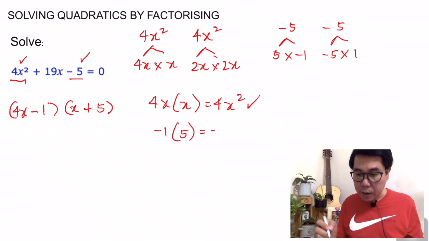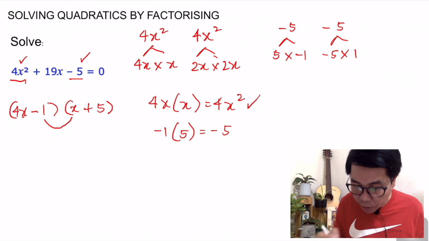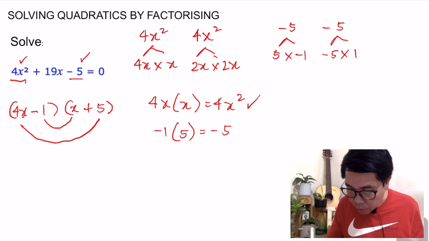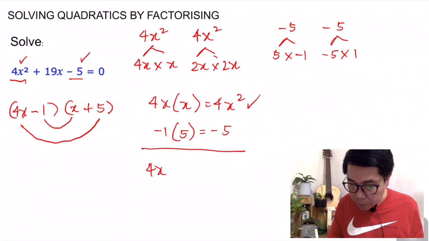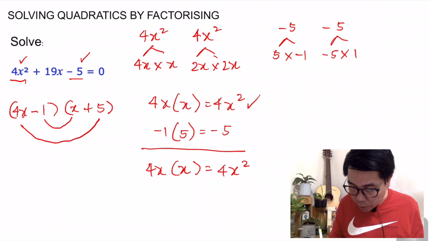It agrees. Then we have to check this one, get the product of this one and the product of this one, and put them together. So we have 4x times x is equal to 4x squared. Then negative 1 times x is equal to negative x.